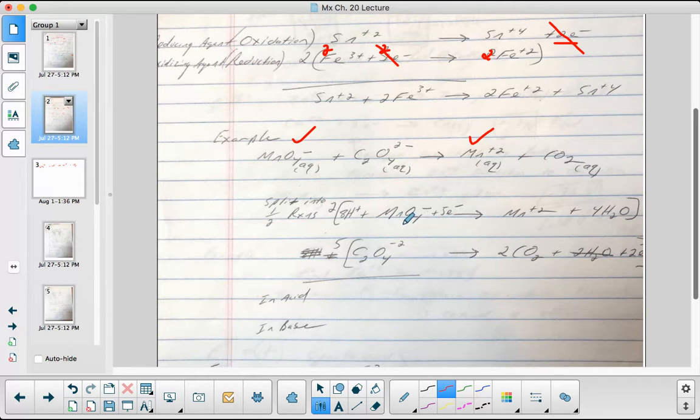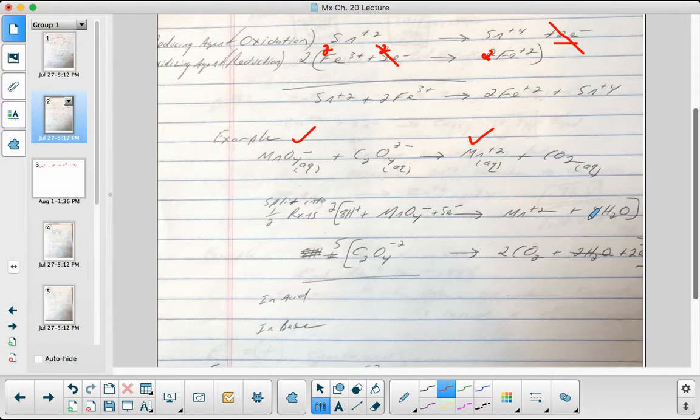So the first one, I have MnO4 negative going to Mn positive 2, and what's happening here? Well, first of all, I have one Mn and one Mn, so no coefficient needed there. Then I see I have 4 oxygens here. The only way to balance oxygen is with water molecules, because the reaction's occurring in water, you can use water to balance the equation.